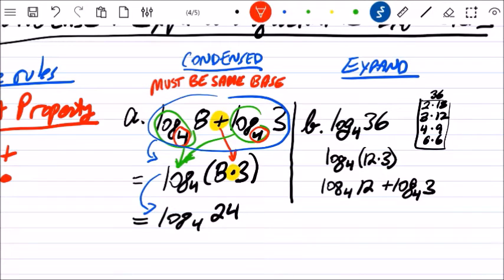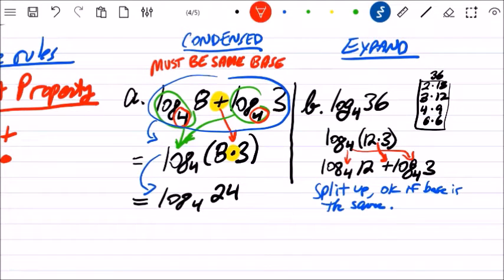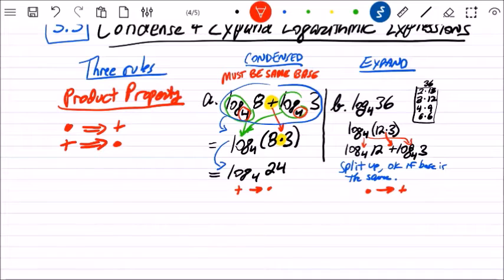Notice that the times becomes plus, but then the log base 4 you get twice. So you're splitting it up, if the base is the same. Earlier we went from plus to multiplication, and here we're going from multiplication to plus. That's what happens for the product property.